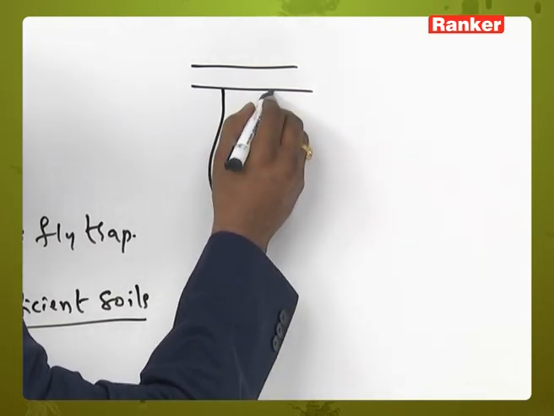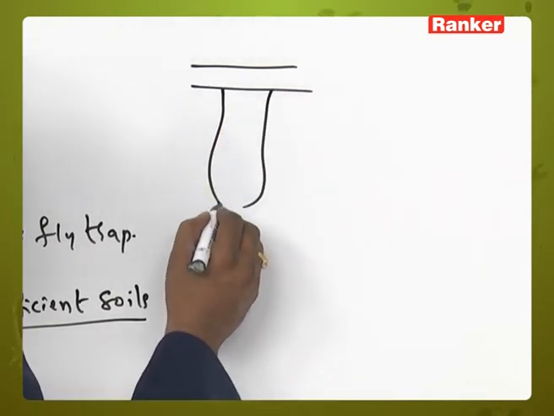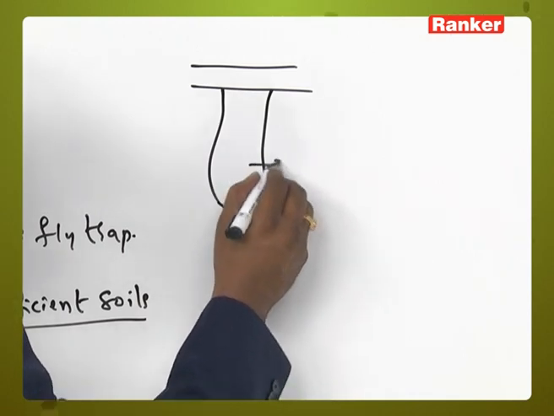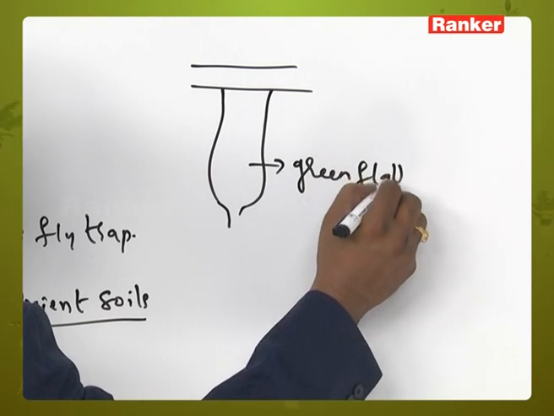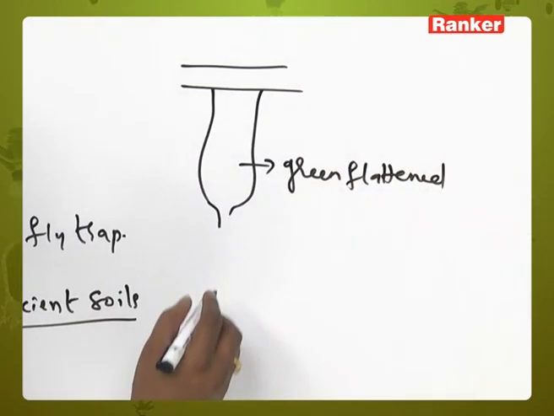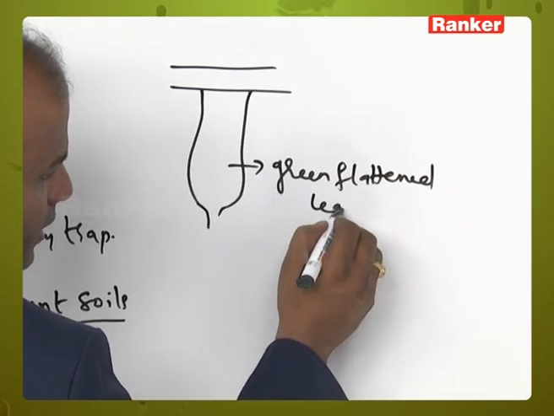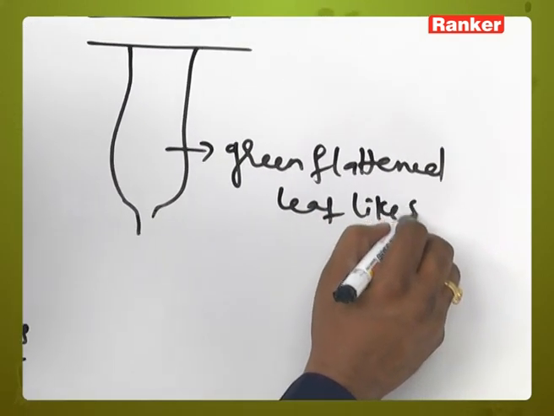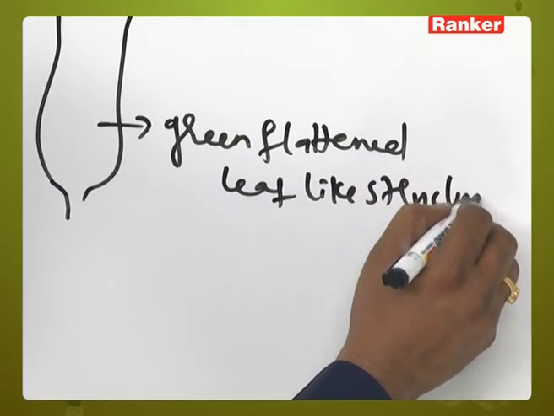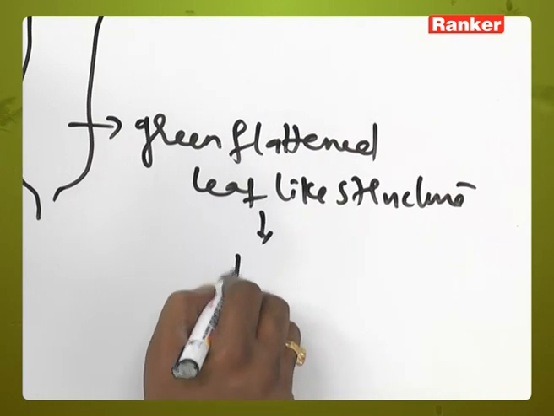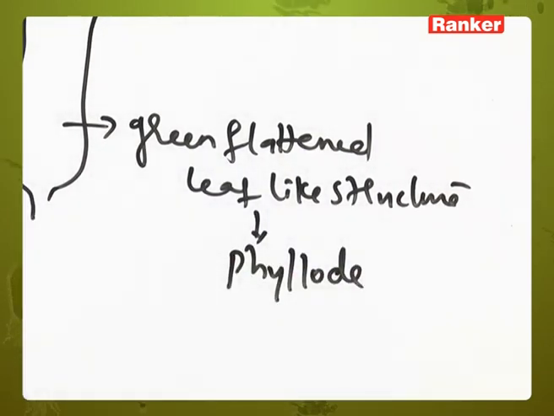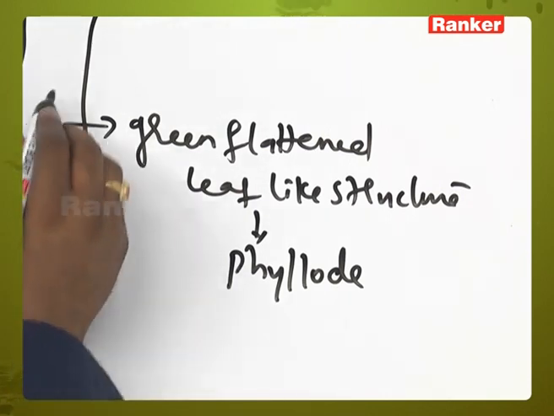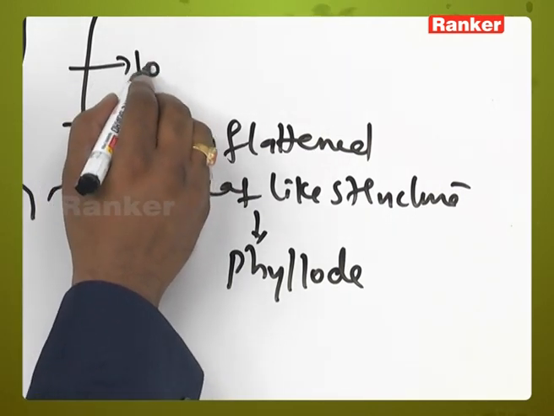This green flattened leaf-like structure is nothing but phyllodes.